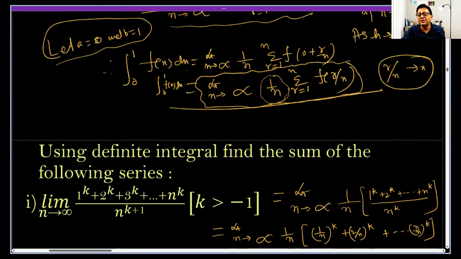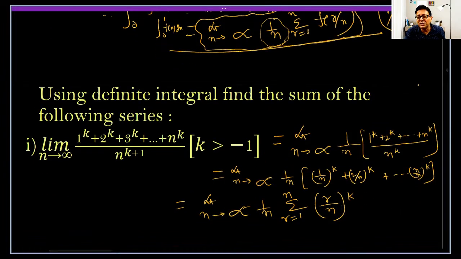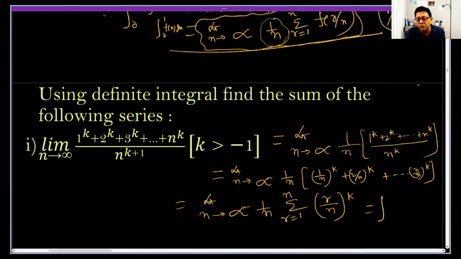Now what I have suggested, you will be replacing r by n to x. So this integration is going to be 0 to 1 x to the power k dx. See how funny calculation is this. Whole series, this infinite series, only this definite integration.